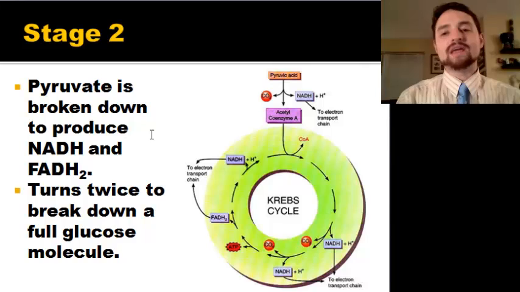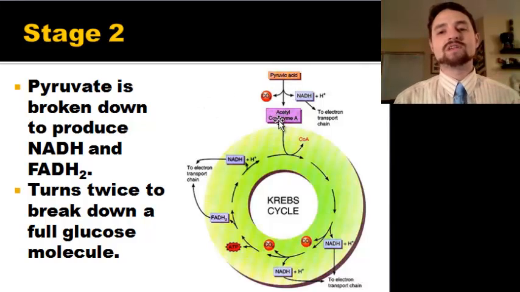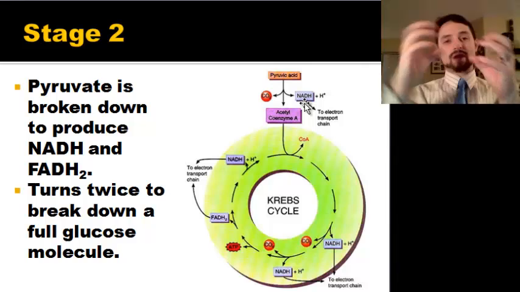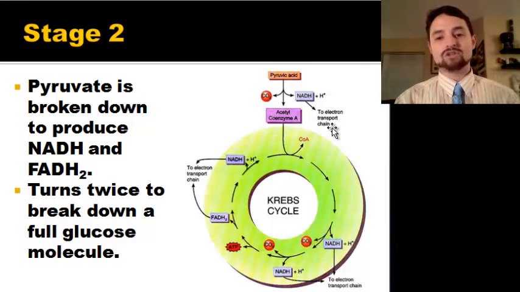Then that pyruvate will be transformed as it goes into the mitochondria into acetyl-CoA. It's acetyl with a coenzyme A attached to it. To do that, you release a carbon dioxide and you make an NADH molecule. Every time you break a molecule apart, it releases electrons. NADH or FADH2, which you're going to see here, is going to catch those electrons.